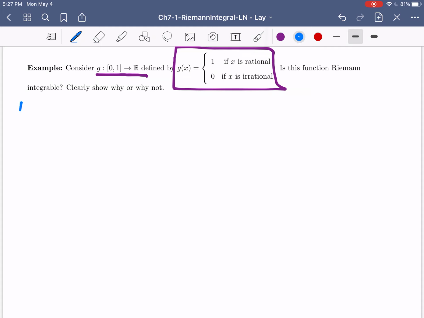So here we could say, let P be any partition.